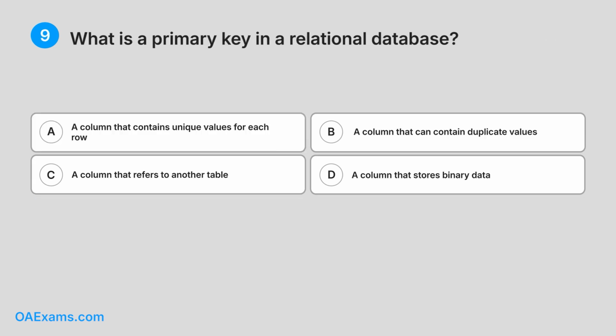9. What is a primary key in a relational database? A. A column that contains unique values for each row. B. A column that can contain duplicate values. C. A column that refers to another table. D. A column that stores binary data. What do you think is the answer?